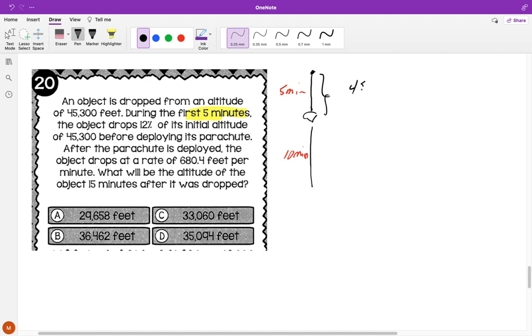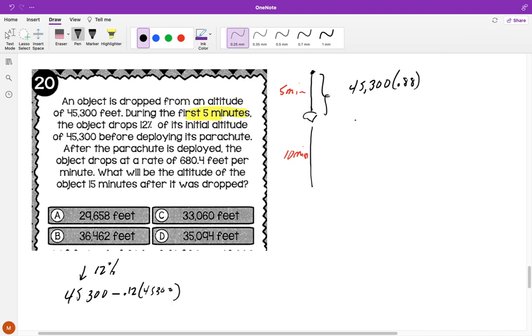We know it's 45,300 feet, and it dropped 12% of its initial altitude. So you can either multiply it by 0.12 and then subtract that, or I can do 0.88, because if we drop 12%, we can subtract 45,300 minus 12% times that 45,300, or I know that there's 88% remaining, so I can just multiply it by that.